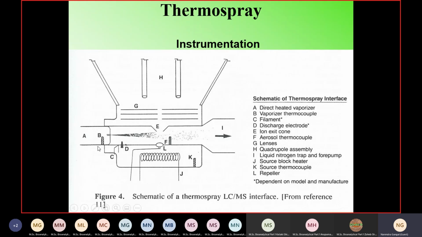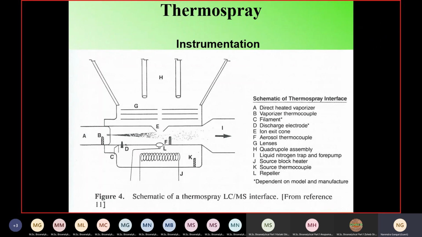If my temperature drops too much, I will heat the material. If my temperature is too high, I will reduce the heating, because I want to maintain a constant temperature. The thermocouple will only give me the signal about the temperature. Next comes the filament. Now the filament is basically used for the charging of the molecules.